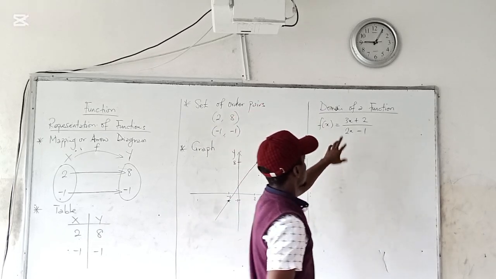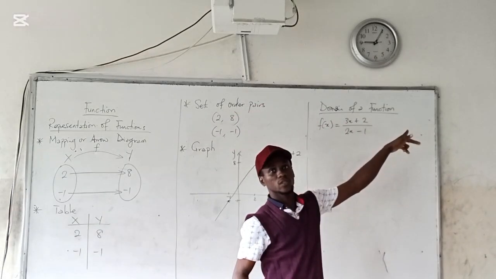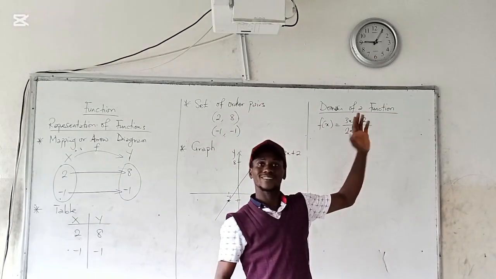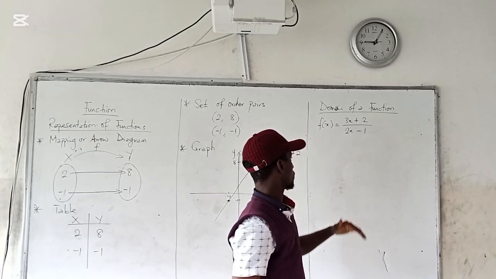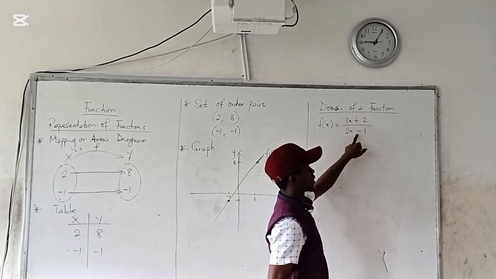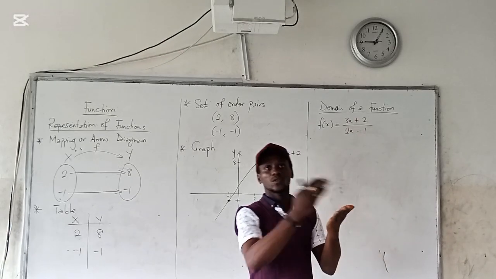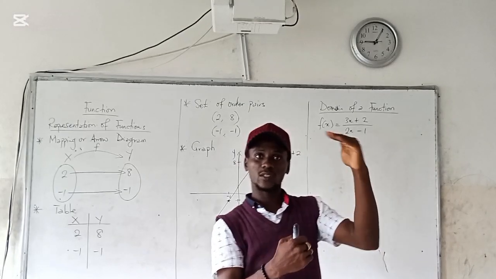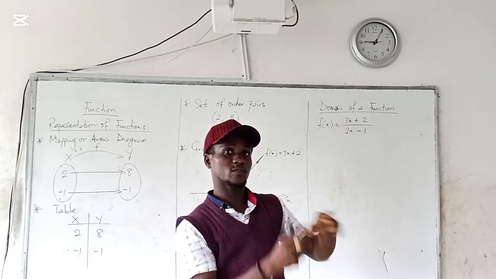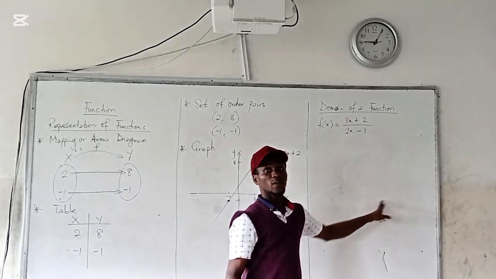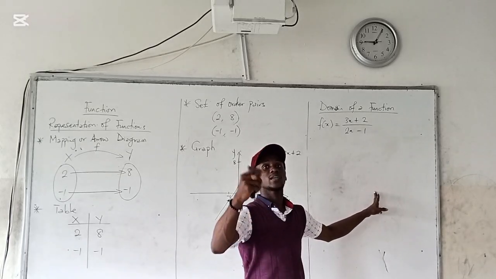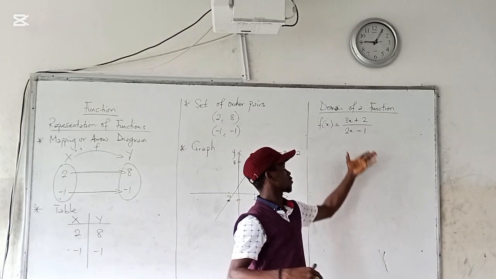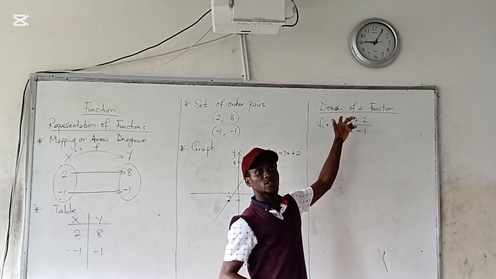You see that this function is not a linear function. We call this kind of function a rational function. Why is it rational? Because it has a numerator and a denominator, like a fraction. And remember when we talked about rational numbers, a number that can be expressed as a fraction. So that's what you have here. This is a rational function.